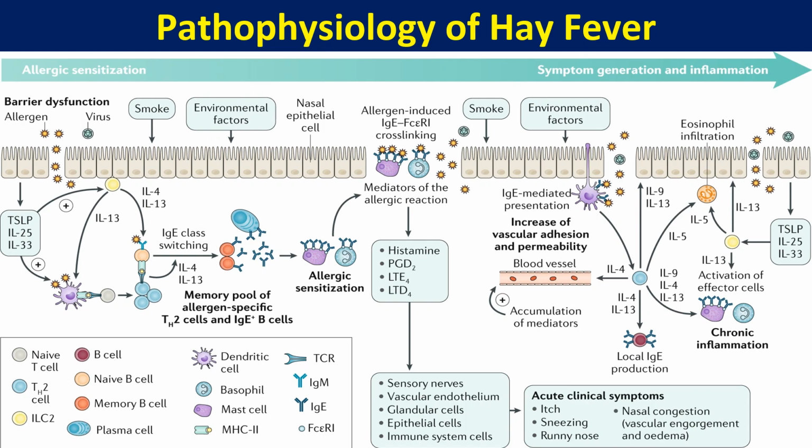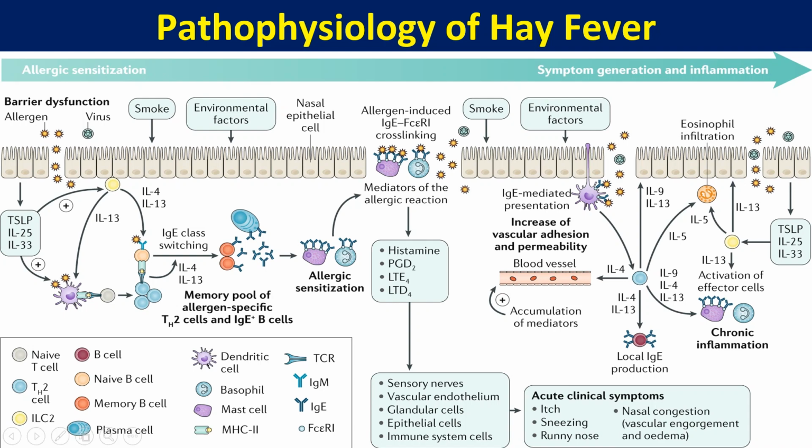In an individual who is sensitized to the allergen, in a subsequent allergic reaction, whenever the allergen comes to their body next time, it binds to the immunoglobulin associated with the mast cells and the basophils. So the subsequent allergic exposure activates the basophils and the mast cells in the nasal mucosa, triggering the release of allergic mediators like histamines, sulfidopeptide leukotrienes, IL-4, IL-13, leading to the actual symptoms of allergic rhinitis or hay fever.